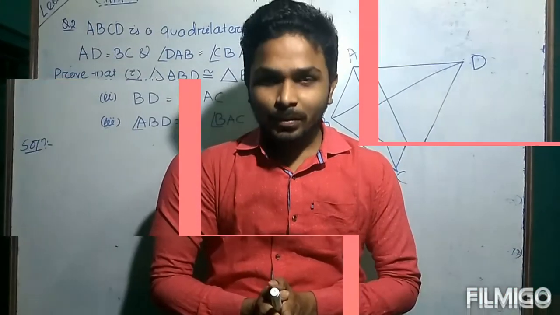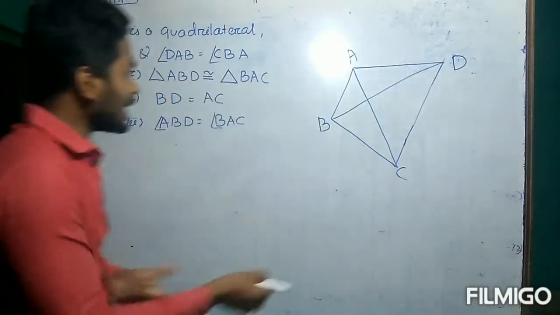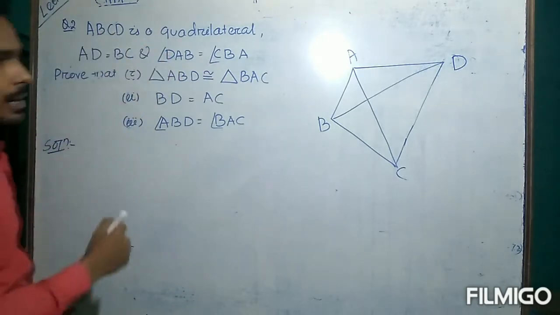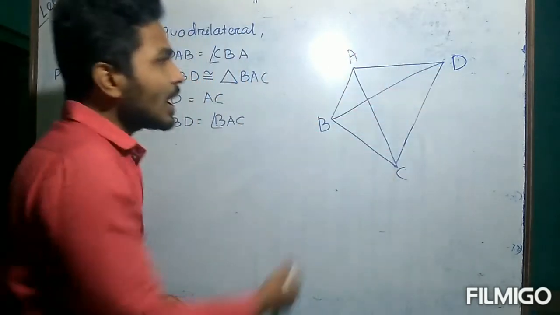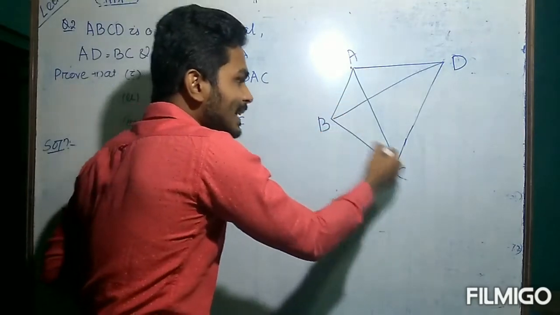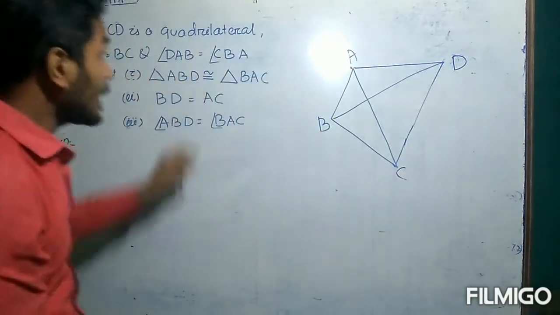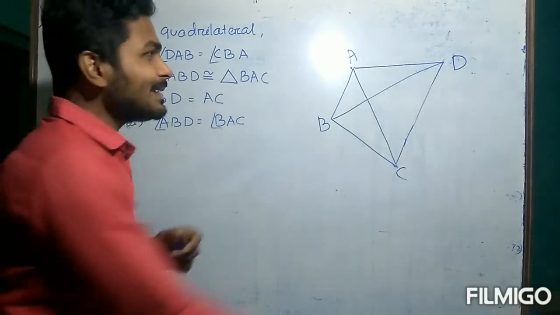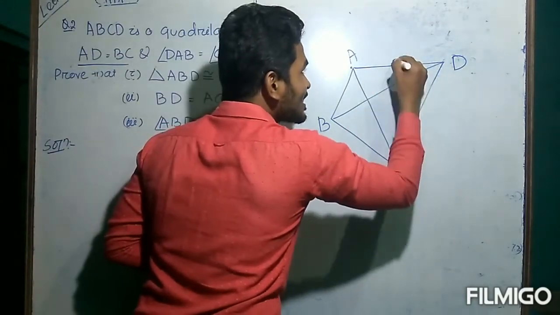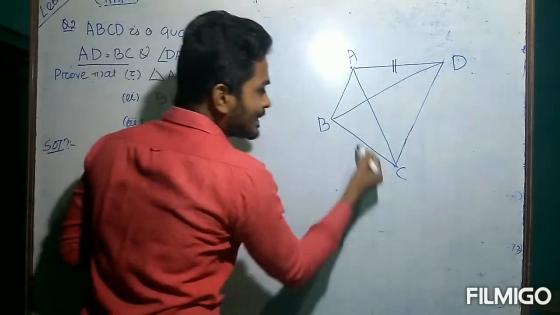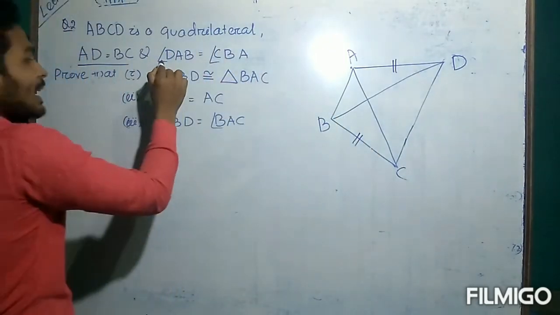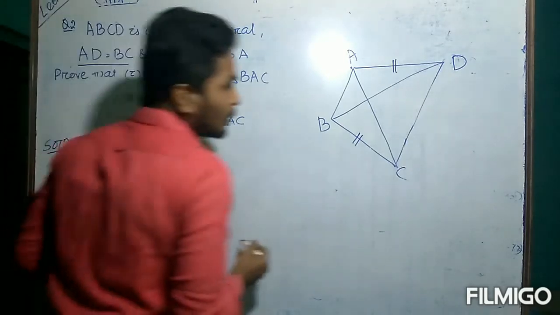Now let us solve question number 2 of that exercise. Here it is given that ABCD is a quadrilateral, having the vertices A, B, C and D. In this quadrilateral it is given that AD is equal to BC. AD means this distance is equal to BC, this distance. Clear? And the angle DAB, which angle?